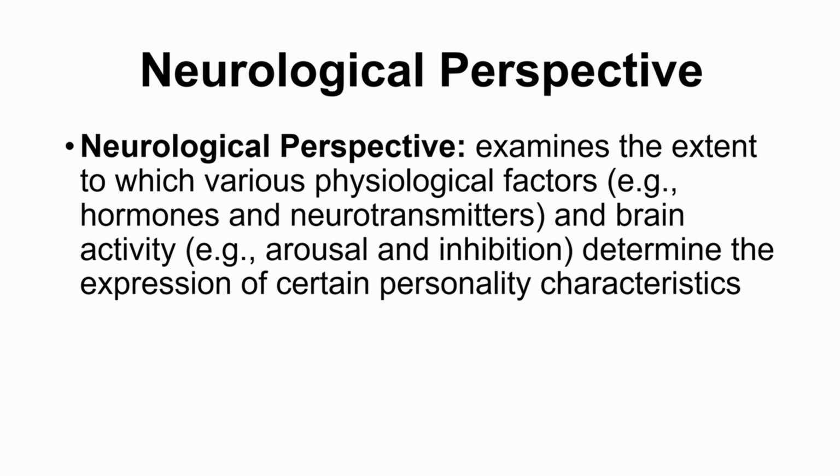And so from all of this, our interpretation is starting to get into, hey, these neurotransmitters might be involved and these patterns of activation seem to be related. We're getting into that more neurological perspective where we're trying to look at these internal physiological factors. And oftentimes we lean into things like hormones and neurotransmitters and the brain activity that they end up influencing.